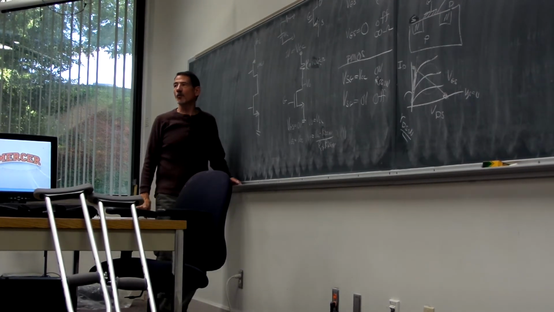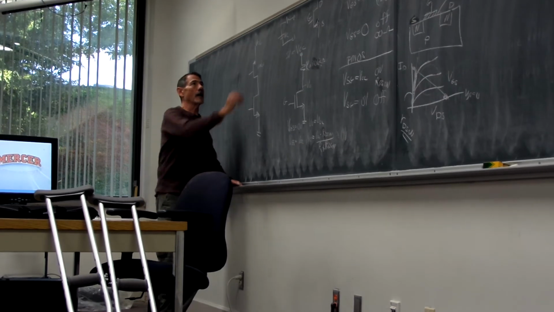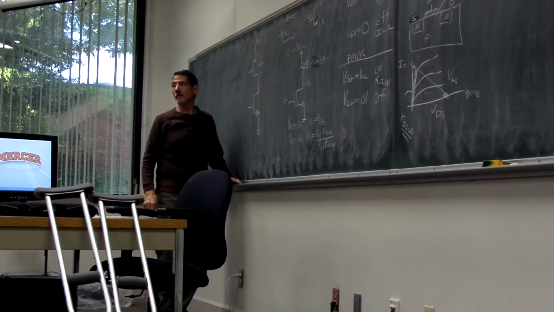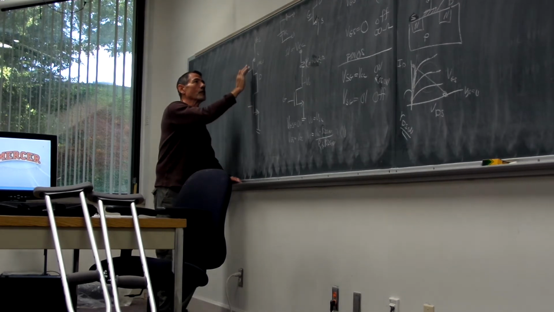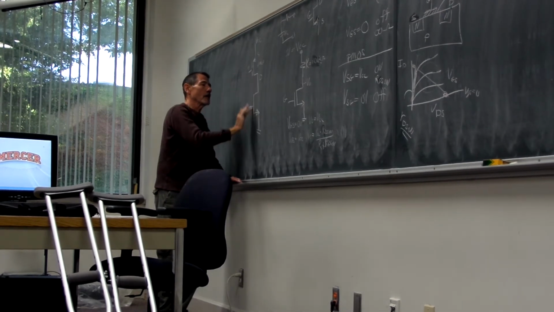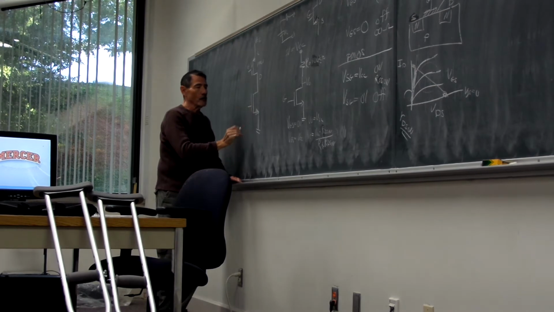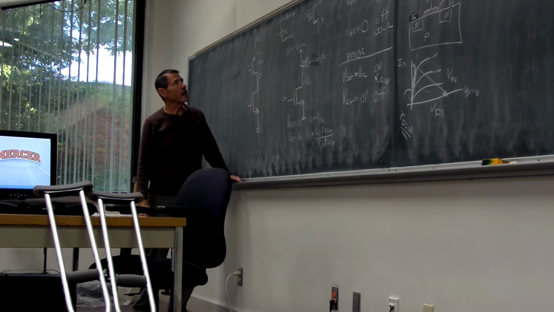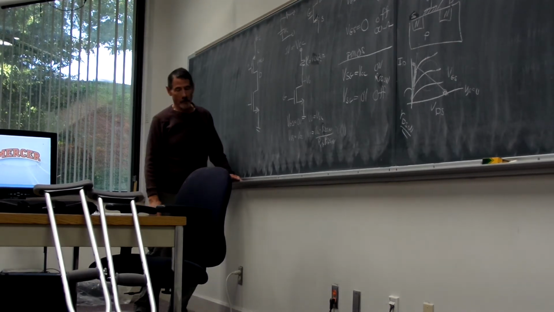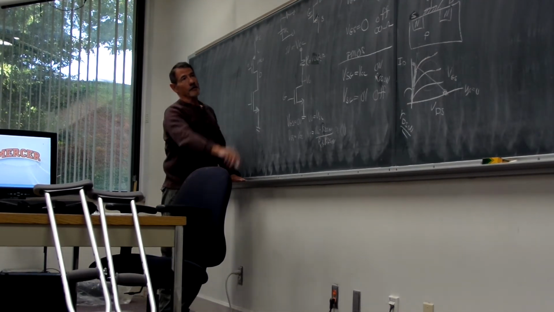Where is its source? Top. Where is its drain? Where is its gate? Over here. Oh, sorry about that. Okay. Yeah, I messed up on that symbol. The one up there is correct.